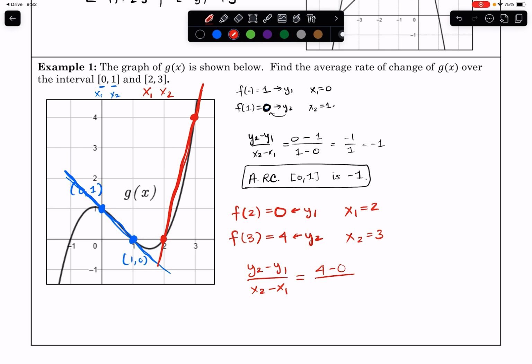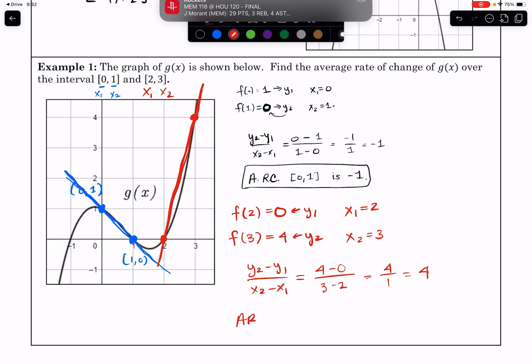So we're looking for the slope of that line that would connect those 2 points with a straight line. So that's why we use the slope formula. y2 minus y1 is 4 minus 0, and x2 minus x1 is 3 minus 2. So we end up with 4 on the top, 1 on the bottom, which equals positive 4.